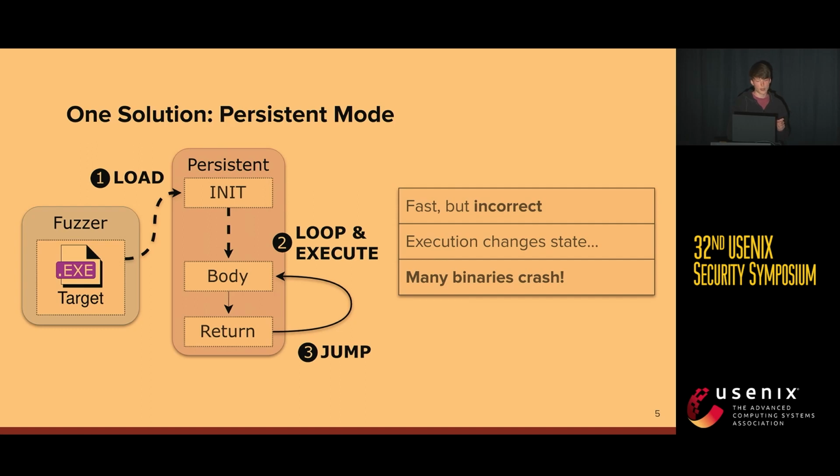This way we skip the process initialization and teardown, and we can just execute the body over and over again. This is fast, but it's not correct, because executing the body can of course change the state of the process. The next time you run the code you're testing, the state of the process could be different. So out of the box, many binaries will actually crash with persistent mode.